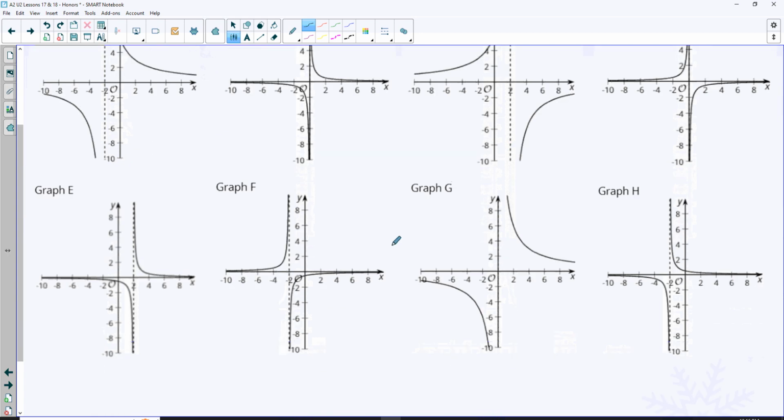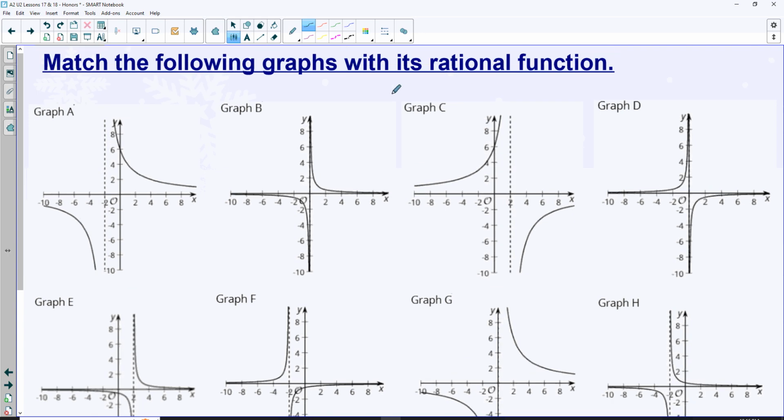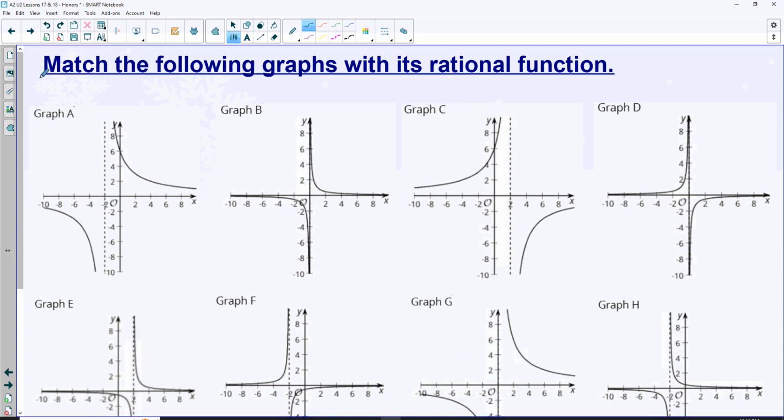So let's start off with the simplest one of all, and that was 1 over x. Okay, so the first one is the graph with its rational function. So we're going to put up here y equals 1 over x. I'm going to kind of cram it up onto the side over here. Okay, so to do this, here's what you need to know.